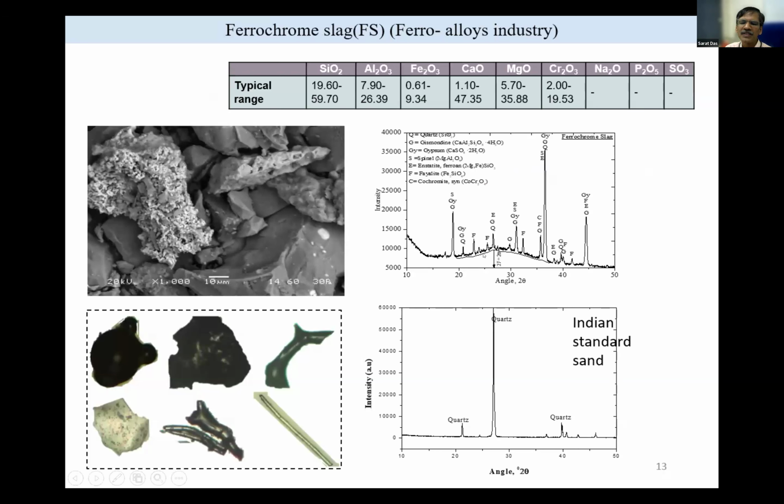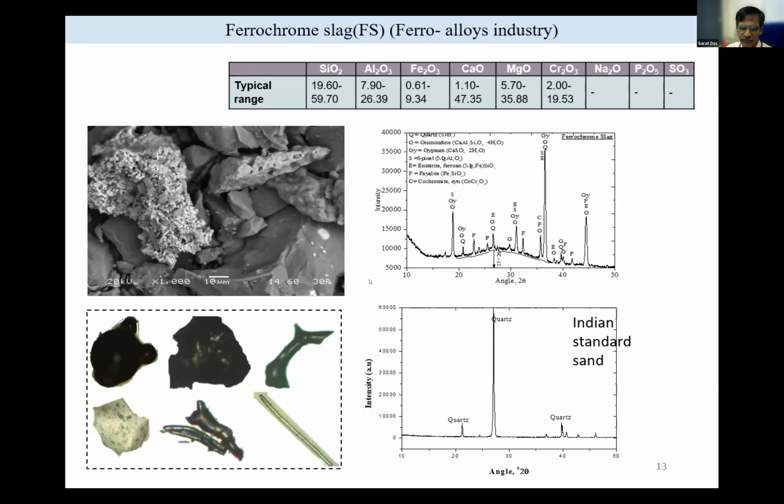If I go with the minerals, I am taking one mineral here, which we call ferrochrome slag. If you see it, it has a high amount of chromium and also magnesium oxide. So its size is that of sand, but the X-ray diffraction says something different. If it is a standard sand, it's quartz, quartz, and quartz. But these contain some other things.